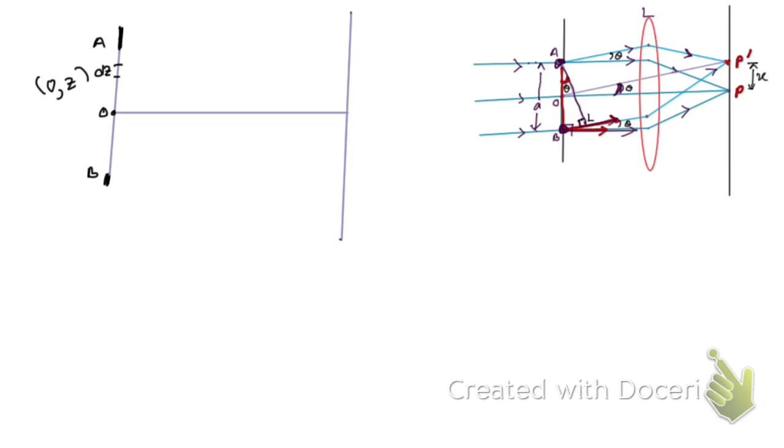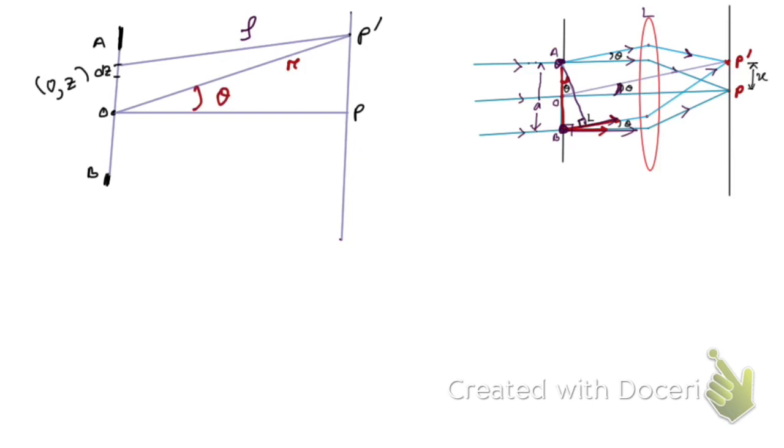Now here is the point P and here is the point P dash. Again let me take this distance of dz to P dash as rho, and the distance from the origin to P dash is r, and this angle is theta. So hope it is clear now.